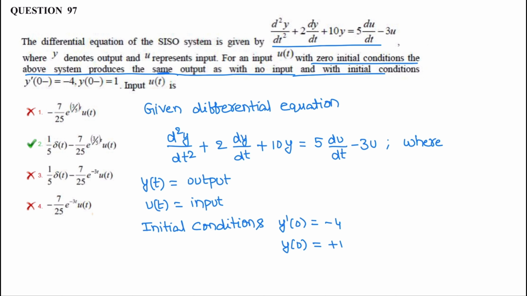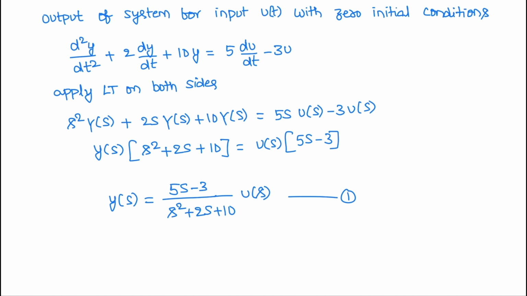So first we need to find the output of the system for input u of t with 0 initial conditions.